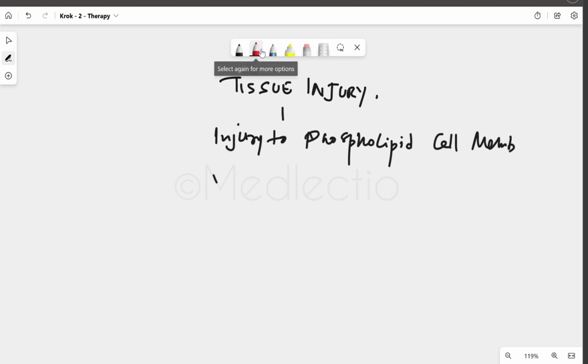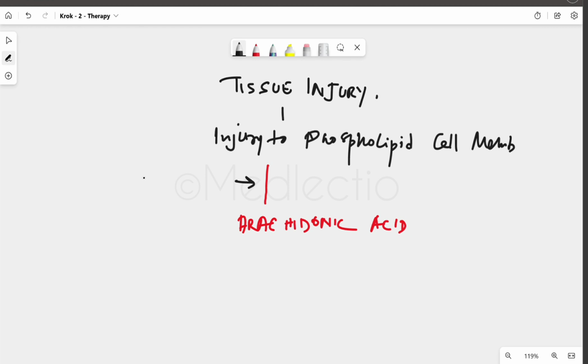Now starts our pathway. After that, arachidonic acid formation, and here there is a stimulus that comes from inflammatory stimuli.